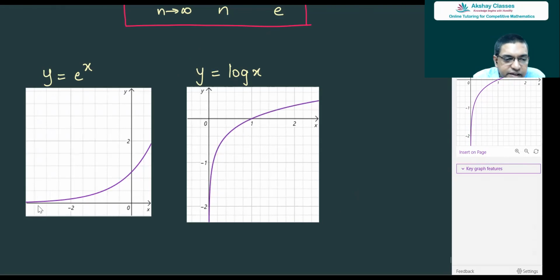Now, this e power x from minus infinity to 0, in this interval, this integral value is 1.